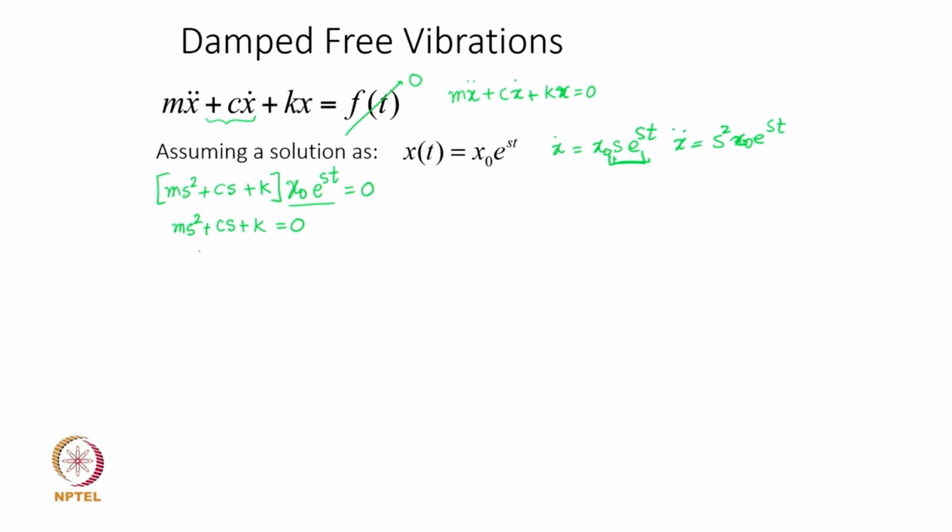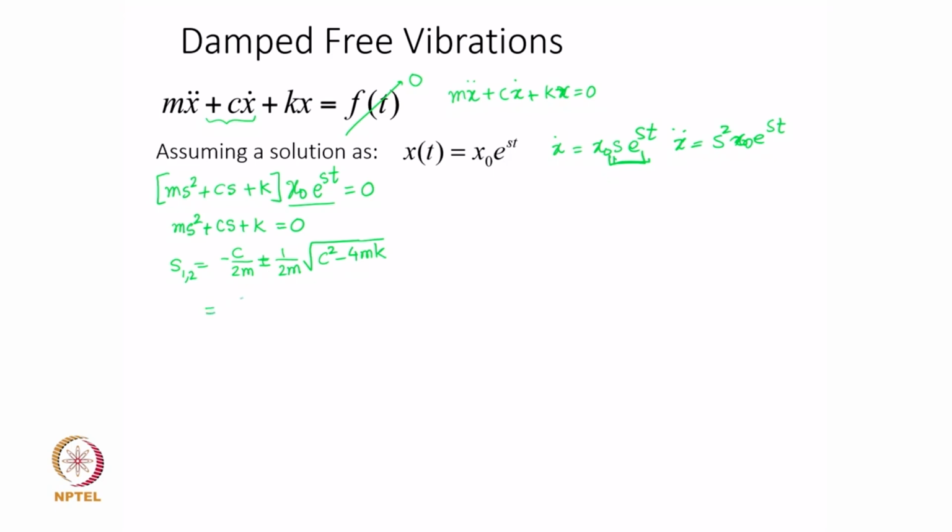So, obviously, there will still be two roots possible in this case. So, we all know that the roots are given by minus c over 2 m, and if you solve this quadratic, this is how the roots are going to look.